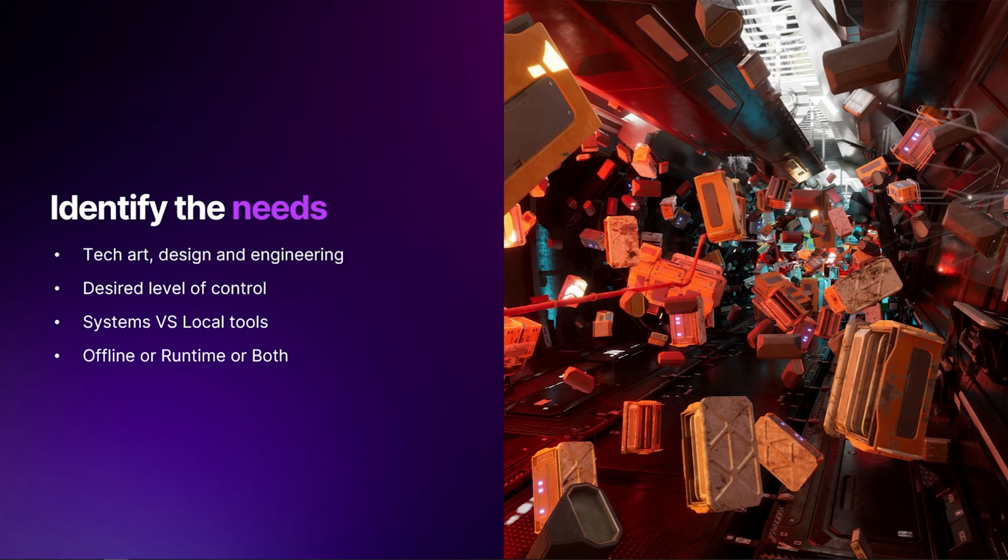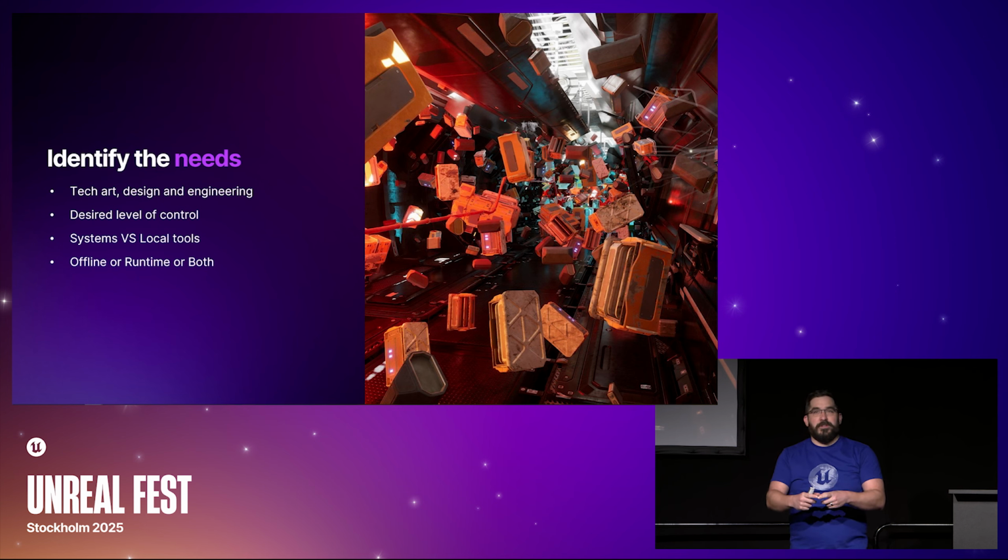You don't have to go full PCG, but it's really important to know at what level you want to give artistic control, what level you want to have people placing things manually. Maybe you just do rocks and that's totally fine. Or maybe you do an entire city, that's totally fine. But you gotta think about that.